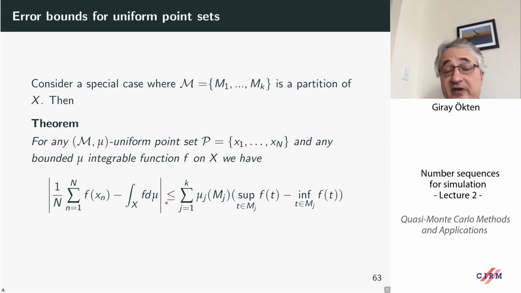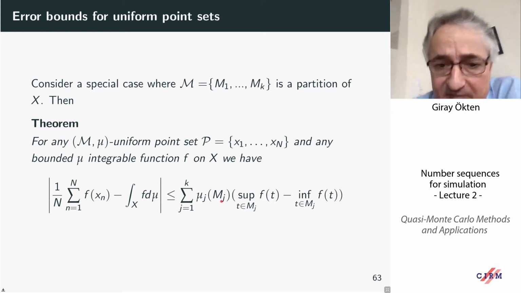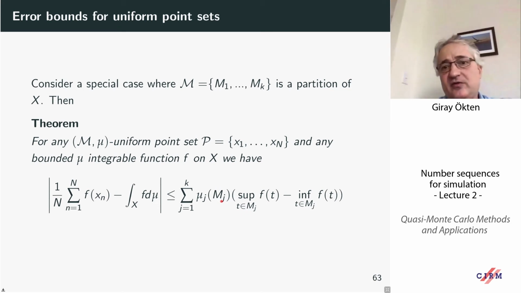This integral is bounded by the summation of k terms. Each term is the measure of each set in your partition, and it's multiplied by the supremum of the function on that set mj minus the infimum of the function over that set mj.